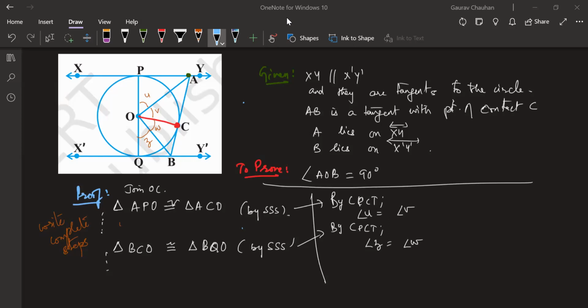Dinesh, you're saying it's 180 degrees. You're right, but what is your reason? Why is it a straight line, Nishchay? Why can I not think that OP is like this, OQ is like this? Why do you think it's 180 degrees? That's the reason.